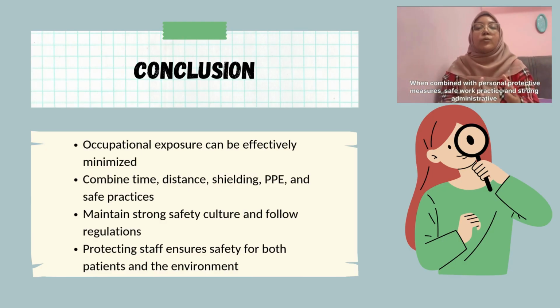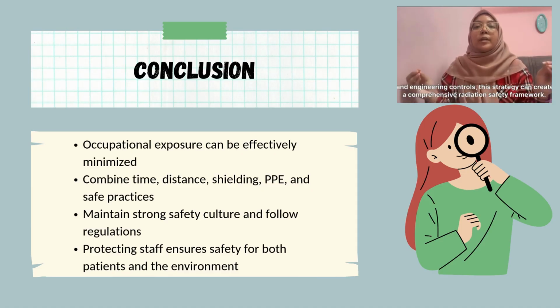When combined with personal protective measures, safe work practices, and strong administrative and engineering controls, this strategy creates a comprehensive radiation safety framework. Ultimately, maintaining a rigorous safety culture ensures not only the well-being of healthcare staff but also enhances the quality and reliability of nuclear medicine service.